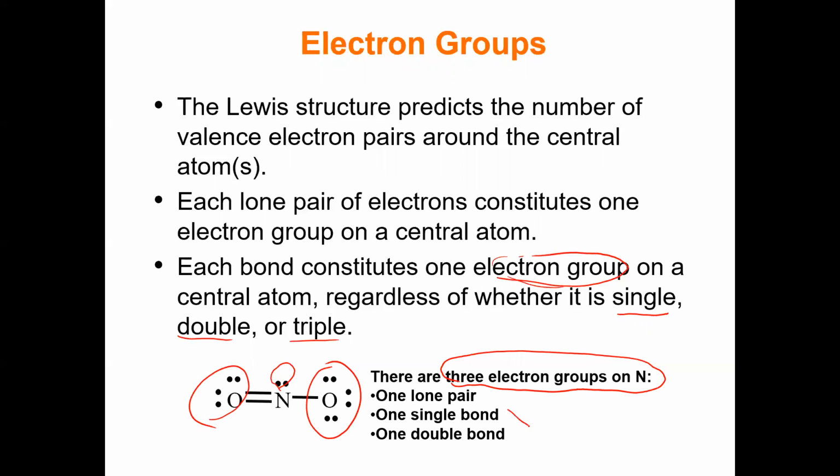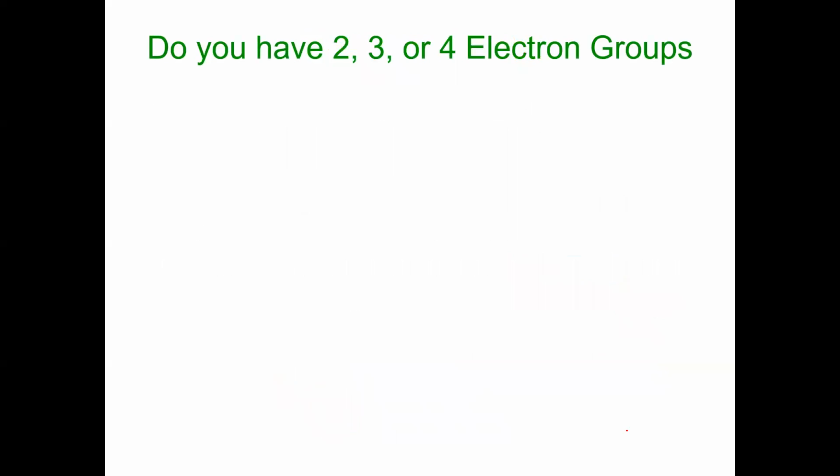I just tell people, look at this as I have 2 atoms. Doesn't matter how many bonds the atoms have to the central atom, there's just 2 of them. So between the one lone pair and the 2 atoms, I have 3 electron groups around nitrogen, the central atom. So that is critical. Figuring out how many groups you have is going to help you tremendously.